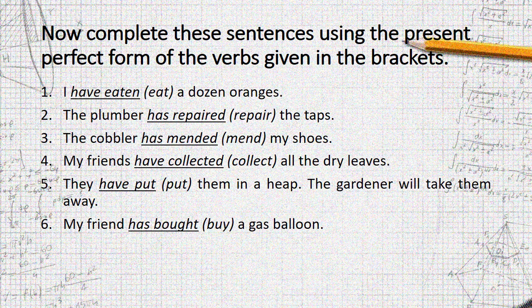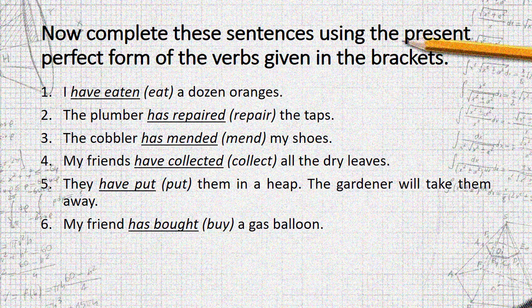I ate is past tense. I have eaten is present perfect. That means the activity you have just now completed. And if you're talking about past tense, it will be I ate. So present perfect is when the event is already over, but the result is in the present.